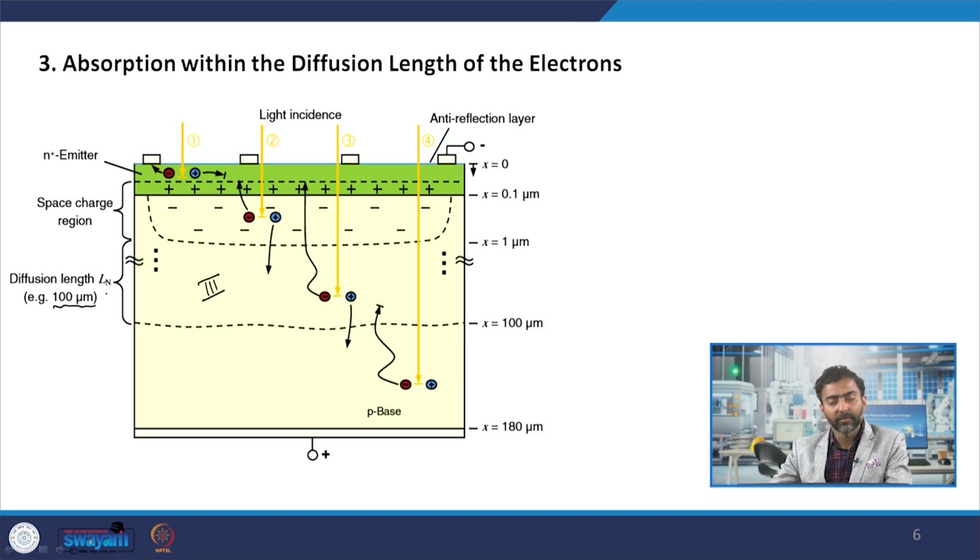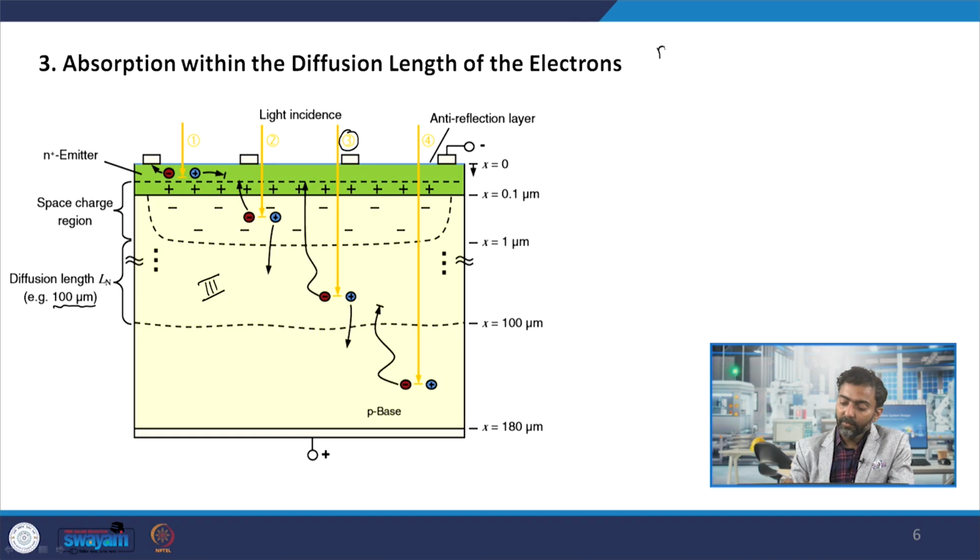The diffusion lengths will be different, but this is just the typical number, of the order of 100 micrometer. Now we are considering the fate of photon 3. Photon 3 is getting absorbed somewhere in this third region, up to 1 diffusion length below the space charge region.